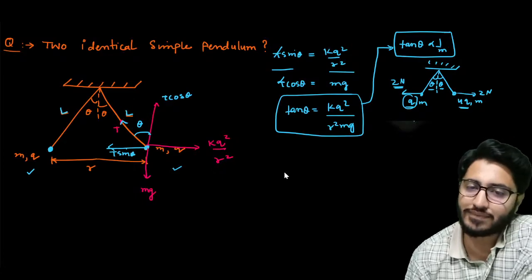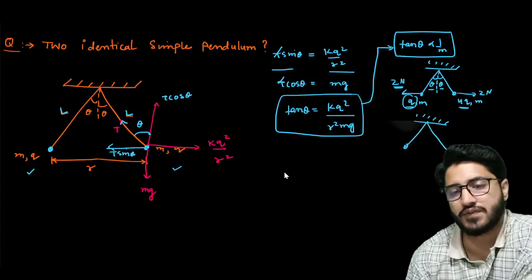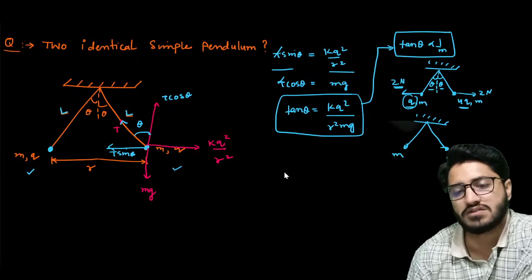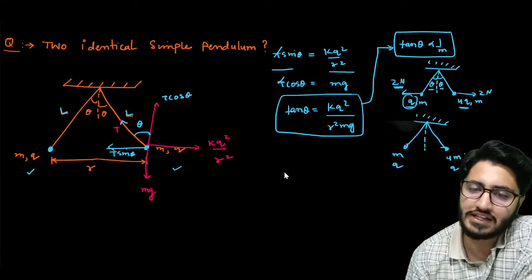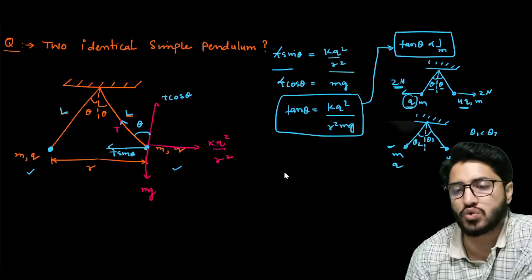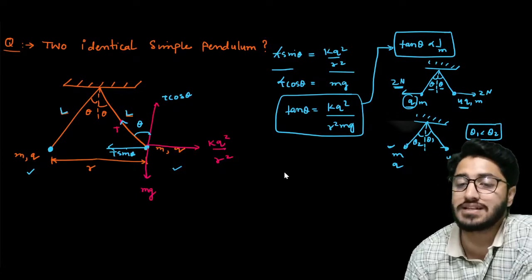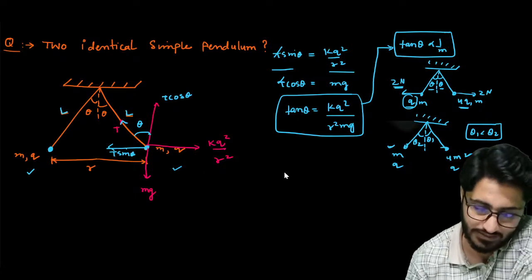Now let us suppose this condition. If this is M, this is 4M. Charge might be the same, there's no issue. Look, this one is heavier, this one is lighter. So this will have theta 1, this will have theta 2, and theta 1 will be less than theta 2. Why? Because heavier displaces less. More mass, less displacement.